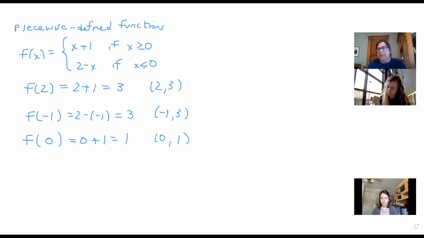You might ask yourself, what happens if I define my piecewise defined definition this way? X is less than or equal to 0. X is greater than or equal to 0. What would happen if I give you 0 as the input? Which formula would you use? Well, according to this, you would use both formulas.